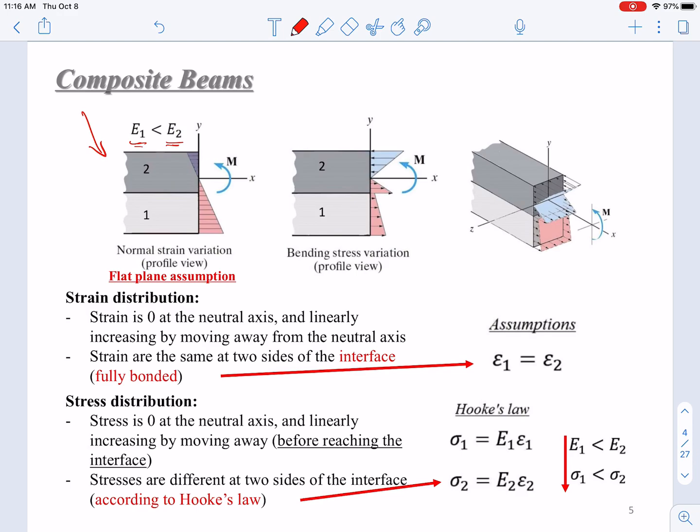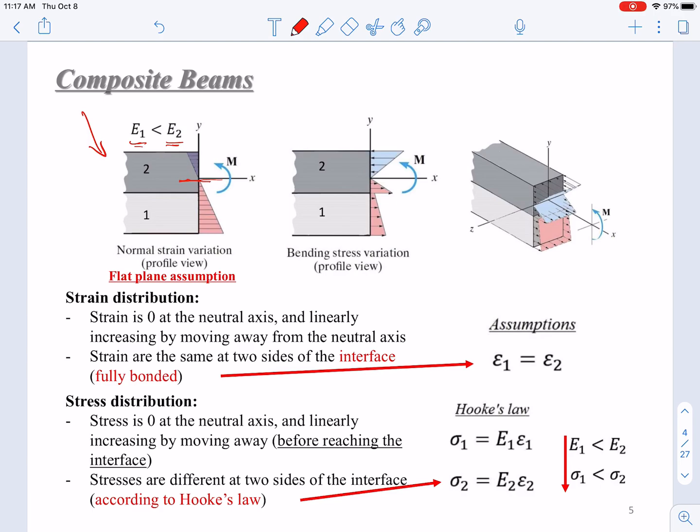The neutral axis will move to the harder part, the section having the larger modulus of elasticity. So you can see that the neutral axis is not in the middle. But the strain is always 0 at the neutral axis, and increases linearly moving away from the neutral axis. This is the flat plane assumption.